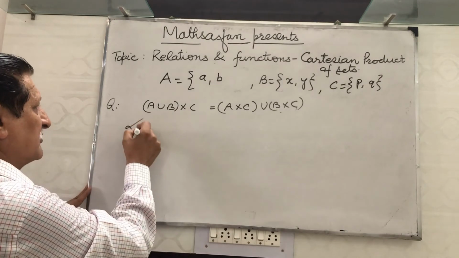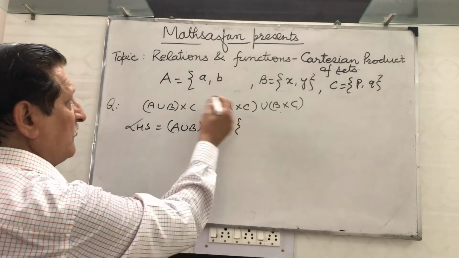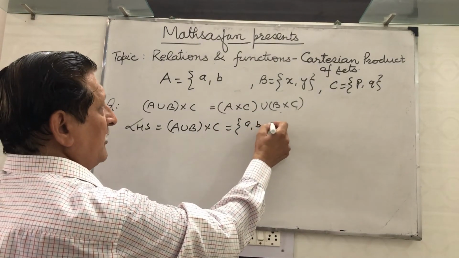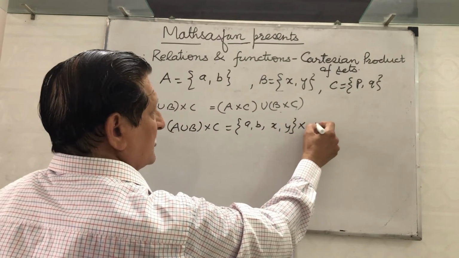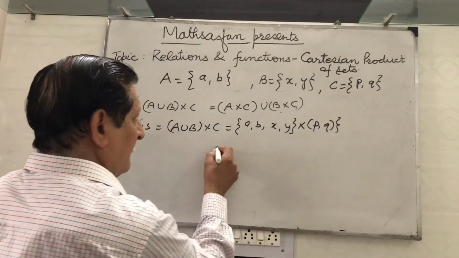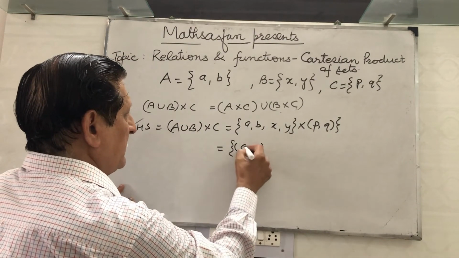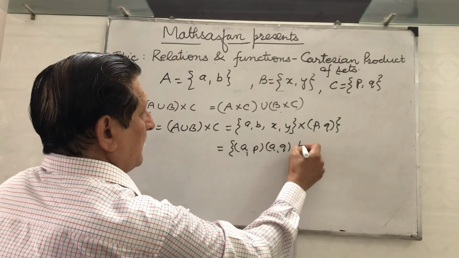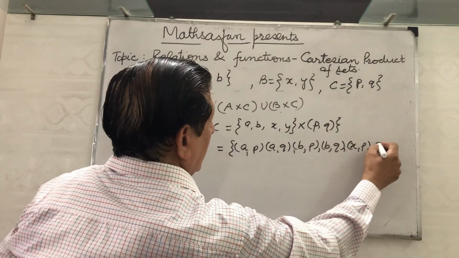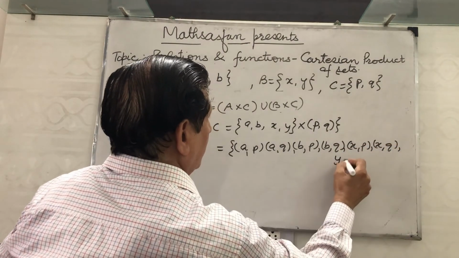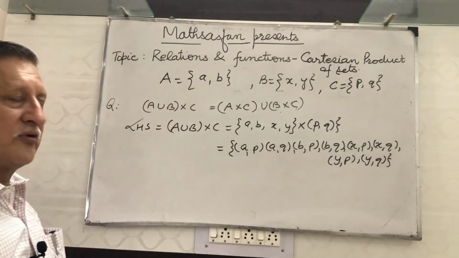We should go for left hand side first, that is (A union B) cross C. When we go for A union B, we know it will have A, B, X, Y. Cross C, C means P, Q. And when we multiply, that is Cartesian product of these two sets, we have that will be AP, AQ, BP, BQ, XP, XQ, YP, YQ.